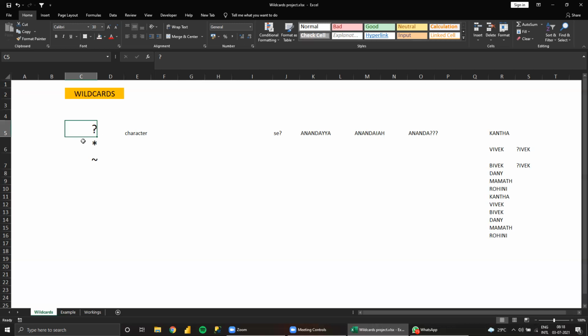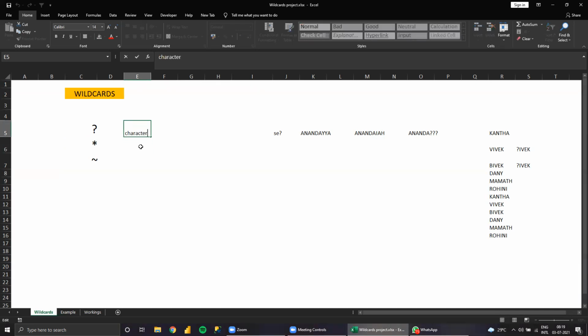Now the asterisk, the star, whatever you call it, stands for a number of characters. One question mark is a single character, while the star is for multiple characters, any text, any number of characters.